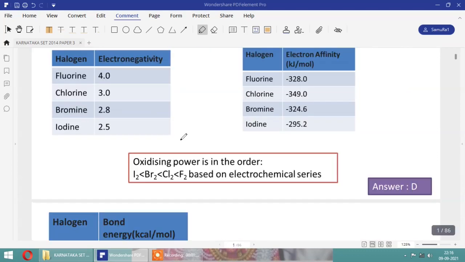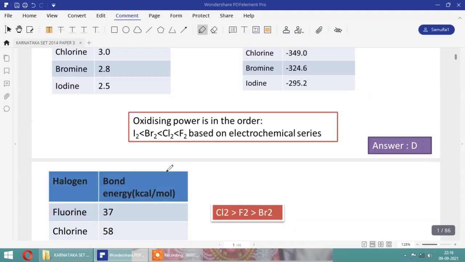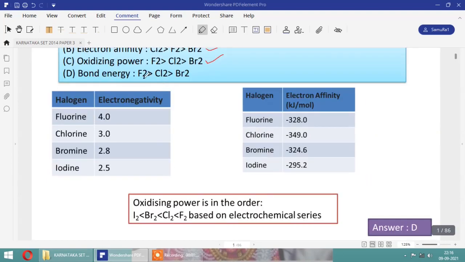So bond energy. When we come to bond energy, here you see bond energy of chlorine greater than fluorine, than bromine, than iodine. But the option given is fluorine greater than chlorine, greater than bromine. It is wrong.